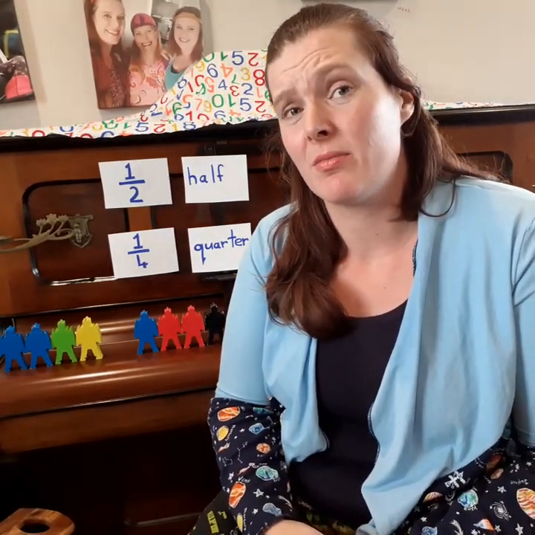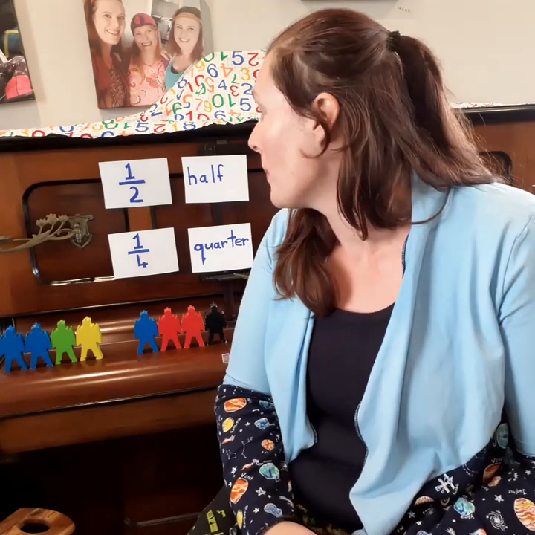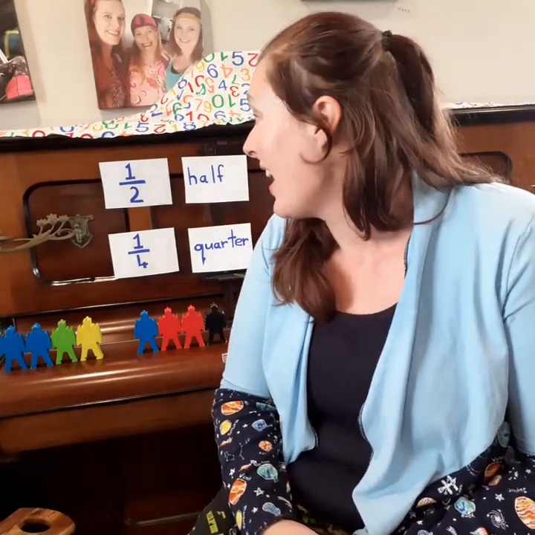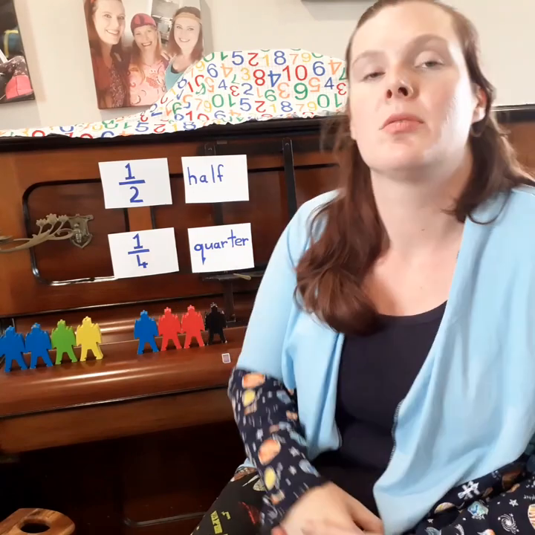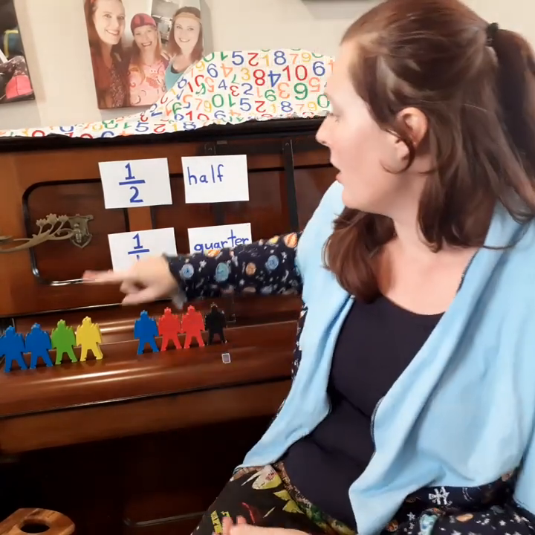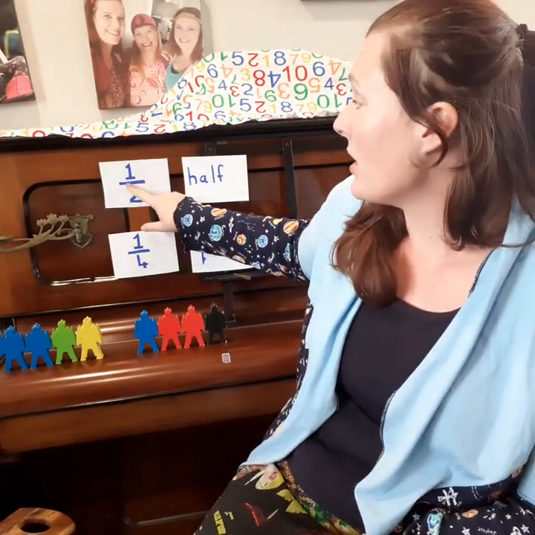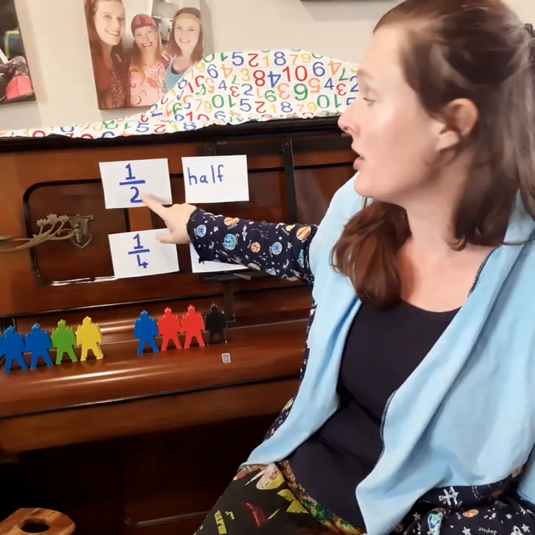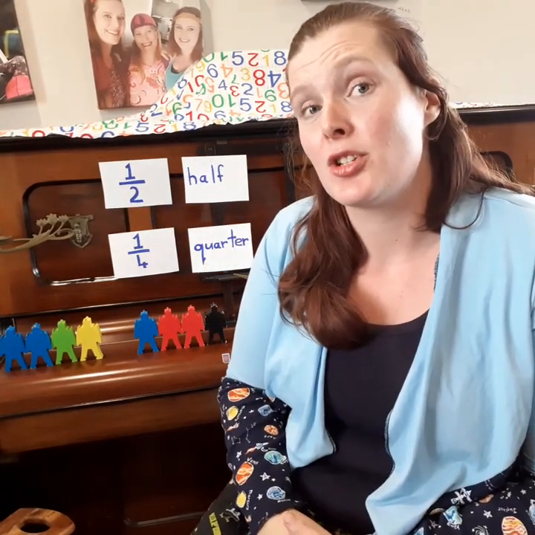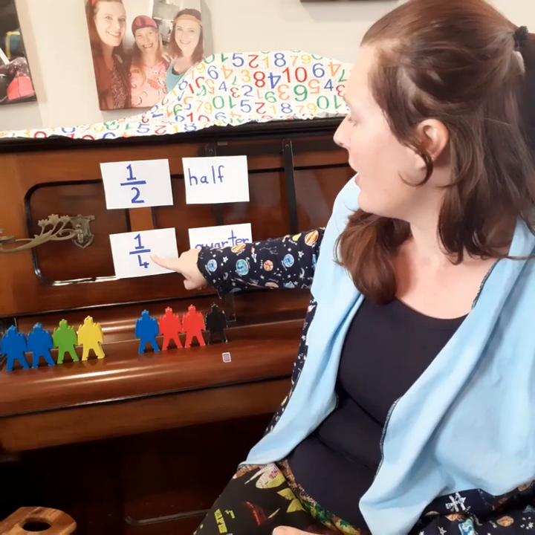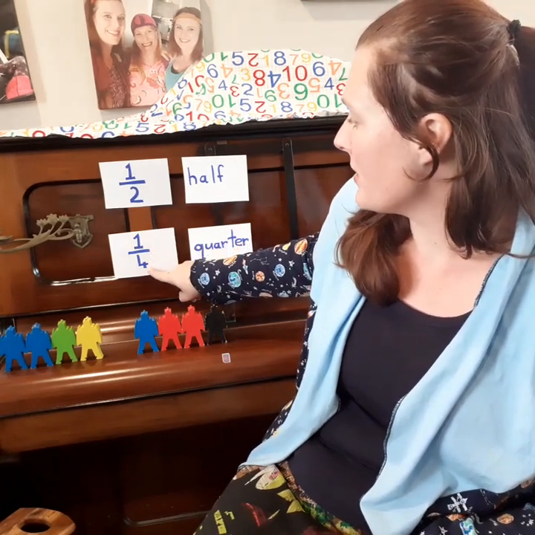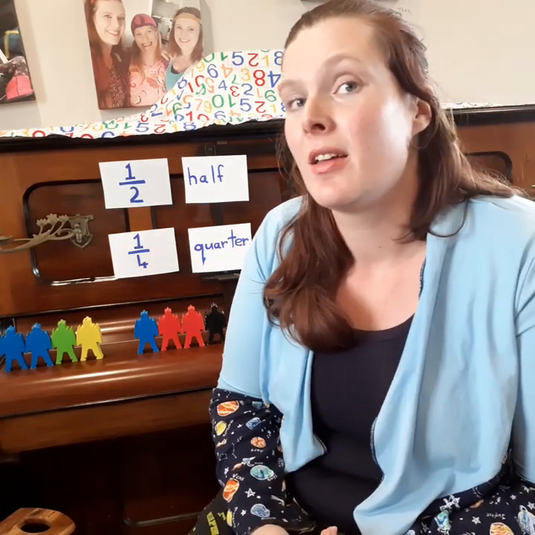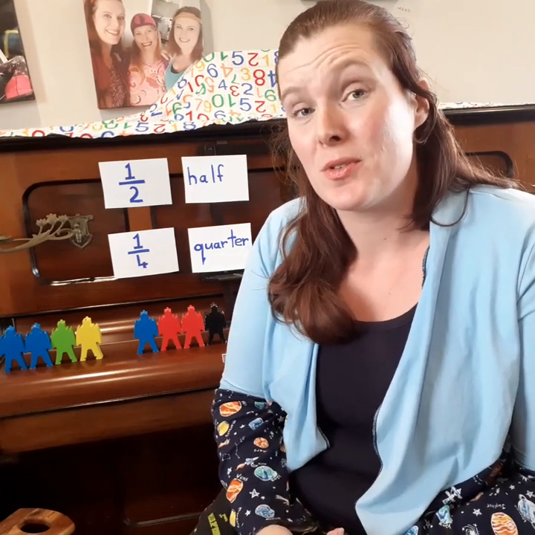So that was half. Pretty awesome. And now we're going to talk about this one, quarters. Now you know from the half that the important number is the one underneath, right? Because in halves we're splitting things into 2 equal pieces or groups, and in quarters we need to split things into 4 equal pieces or groups.